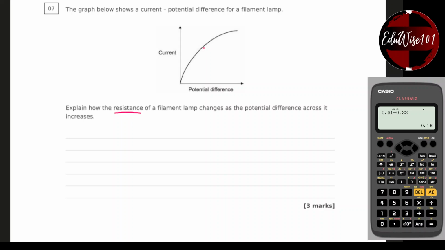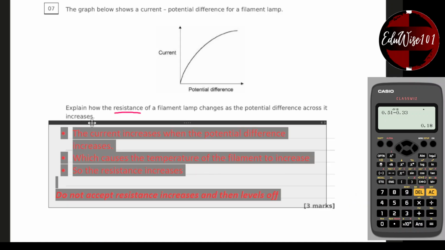What's happening is the resistance is slowly increasing up to a maximum, and then it stays the same, which causes the current to decrease.